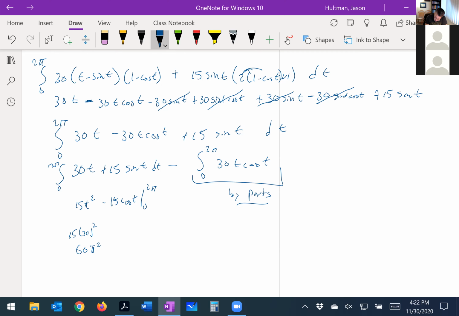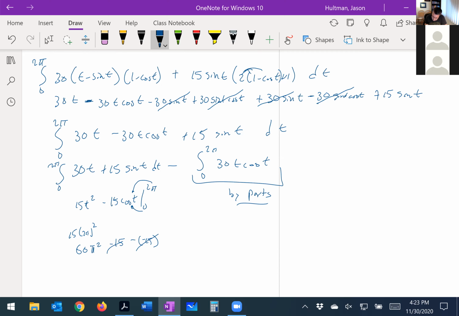And then this guy, plug this 2 pi in, that becomes 1. So that's minus 15. And if you plug in 0, that's still 1. So it's a minus 15 minus a minus 15, which cancels.